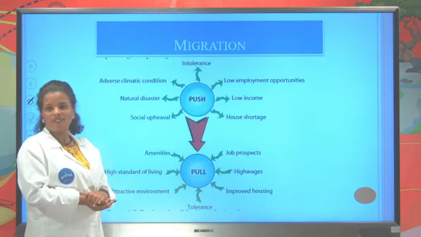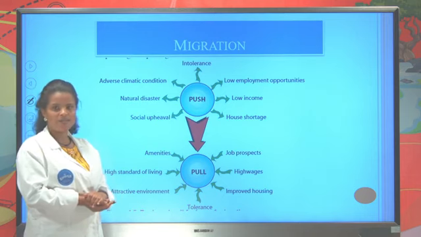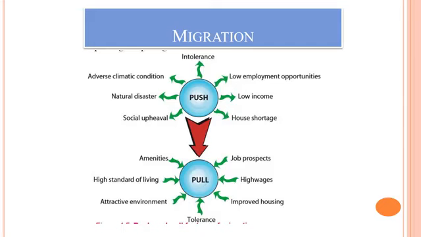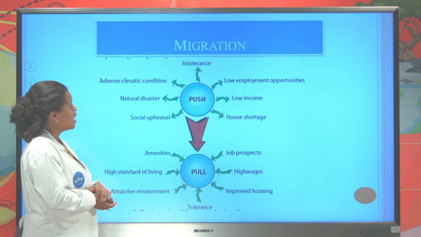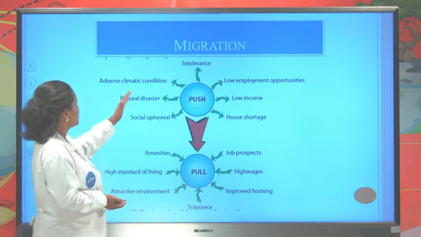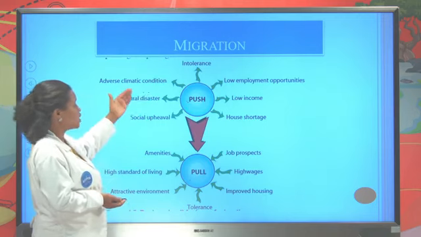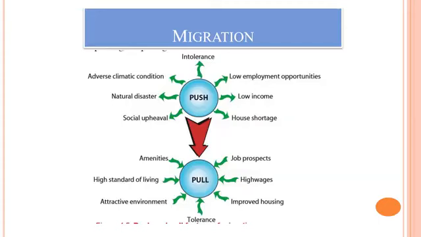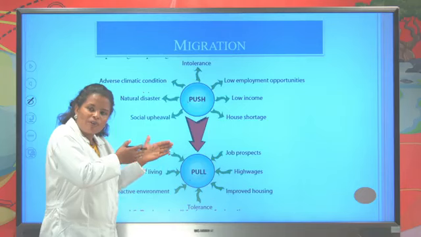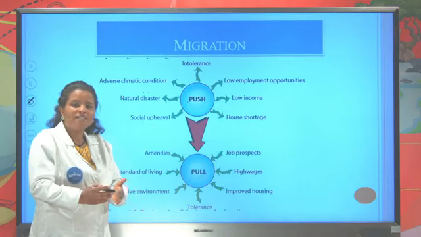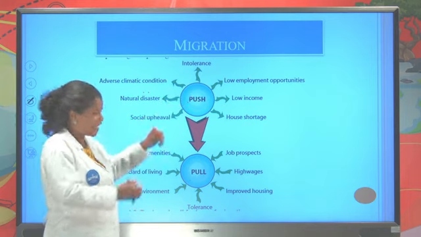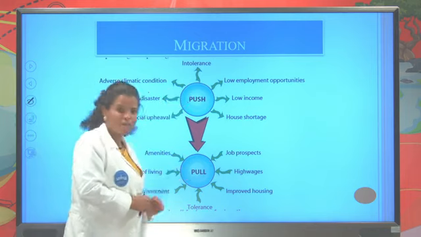Students, why do people migrate from one place to another? People migrate because of pushing and pulling factors. The pushing factors are diverse climatic conditions, natural disasters, low employment opportunity, and low income. People leave their original place because of these pushing factors and are attracted by other pulling factors.